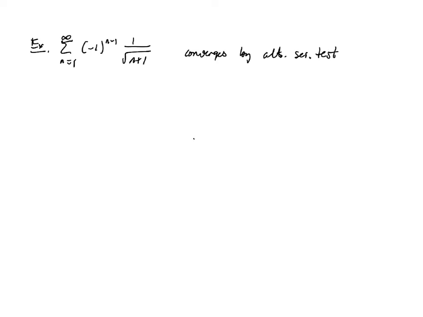And that's true. To check that that's true, we need to check three things. So where we have bn, in this case, is 1 over the square root of n plus 1. I need that to be positive. That's always true. We need it to be non-increasing.